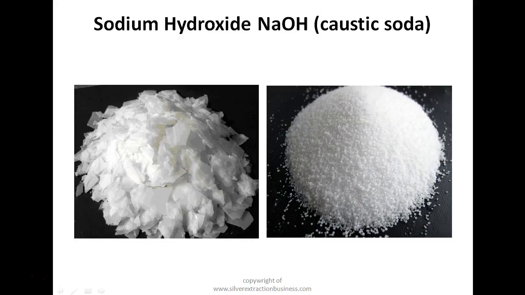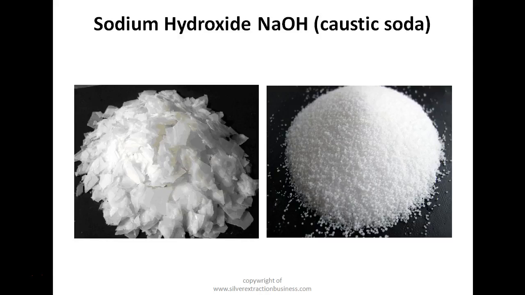Another name for it is caustic soda. It comes in 2 forms. It comes in a flake-like form. This is a flake, one of the forms it comes in, and it also comes in a powdery form. So whichever one you can lay your hands on is okay. You get to see how it is being used.